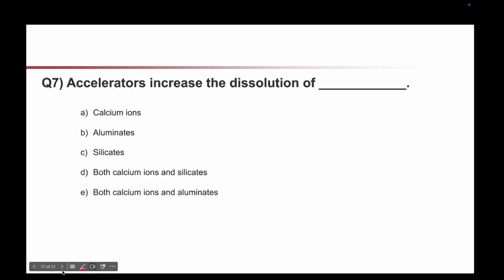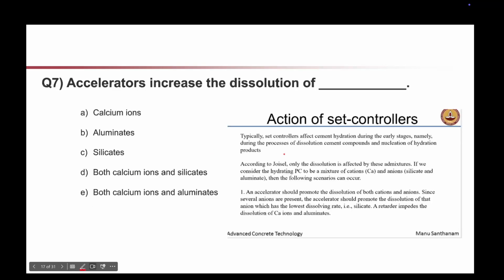If your reactions are happening quickly, your calcium aluminate, or we can say C3A, reaction should be quick, right?